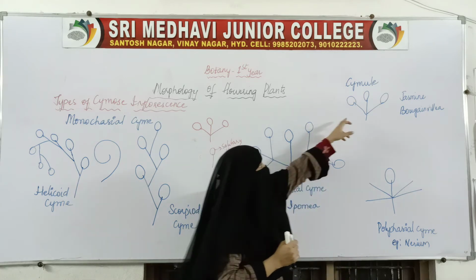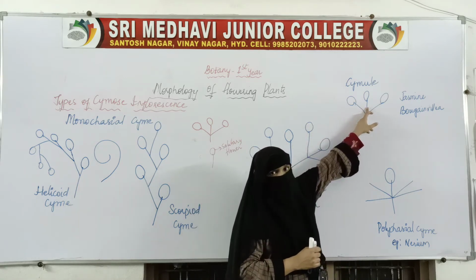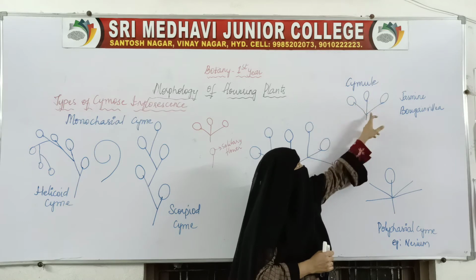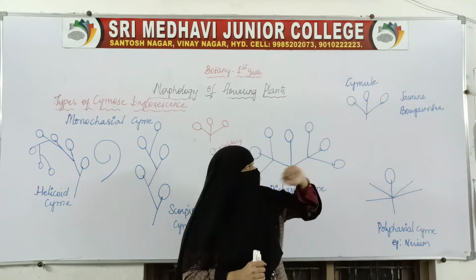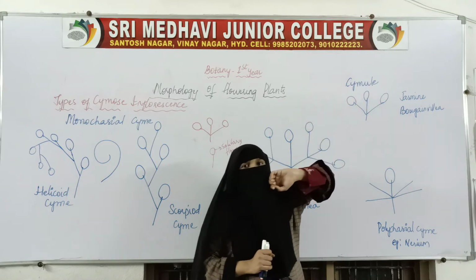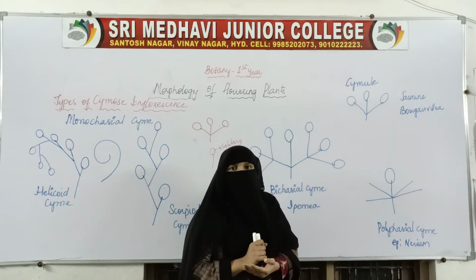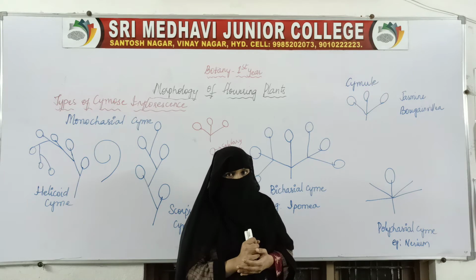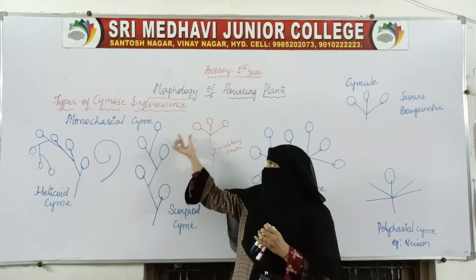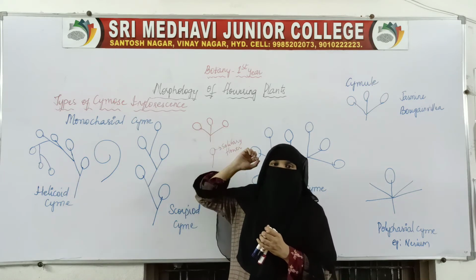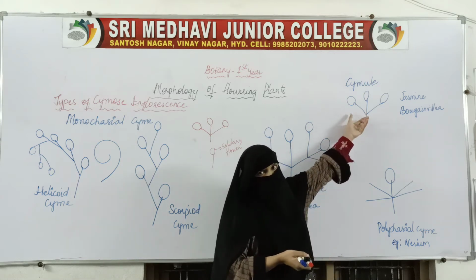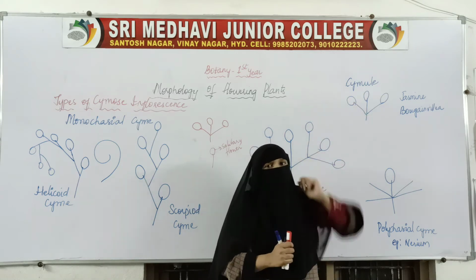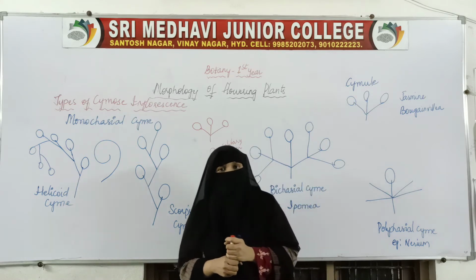If it has three flowers, one at the tip and again these two, that is nothing but a cymule, which we see in jasmine and bougainvillea.